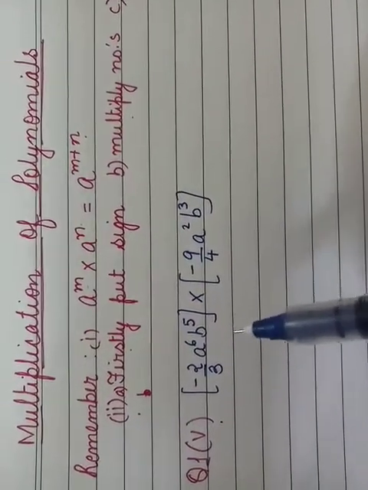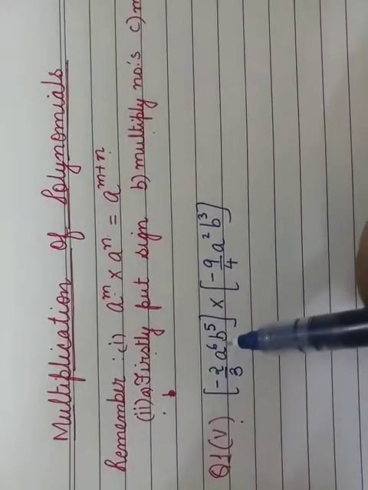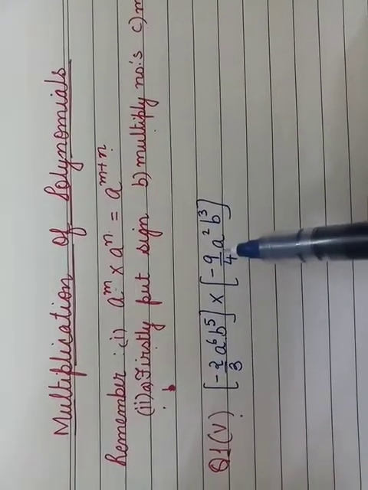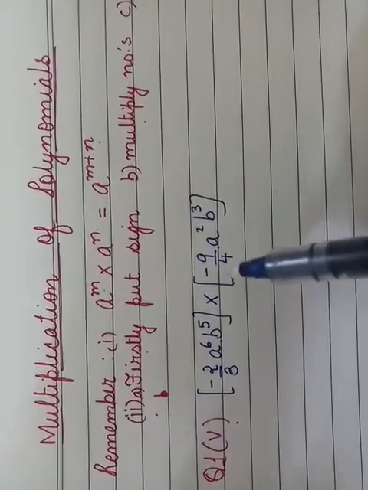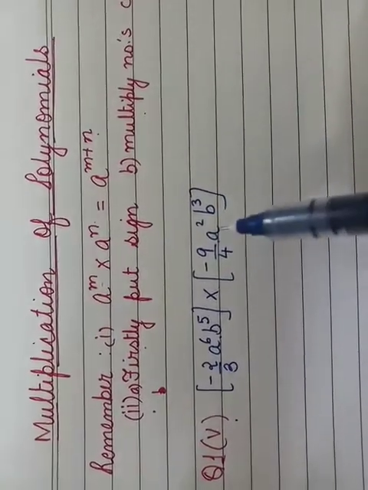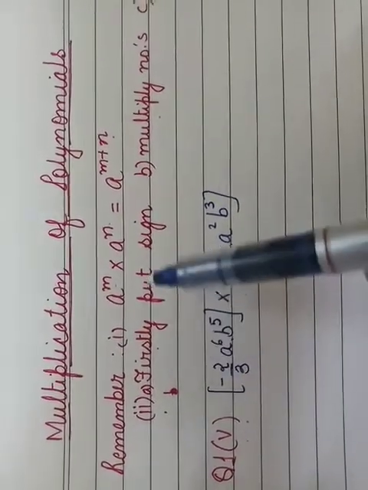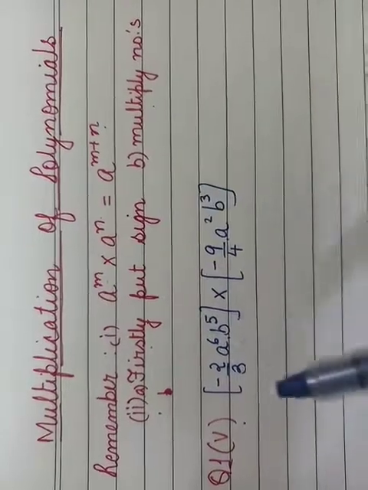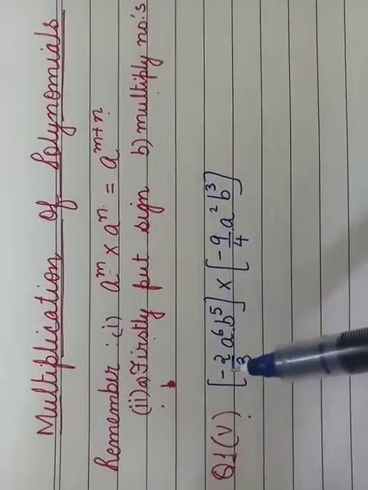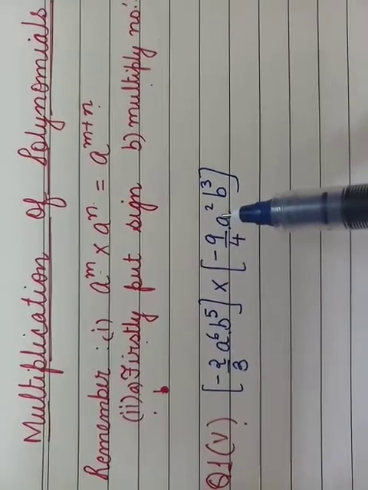The first step that we are going to do, we write the algebraic expression. See, I have written the algebraic expression, the first term, then I have put the multiplication sign and then the next term. Then the order says firstly we should put the sign. So this first term has a negative sign, as well as the second term also has a negative sign.